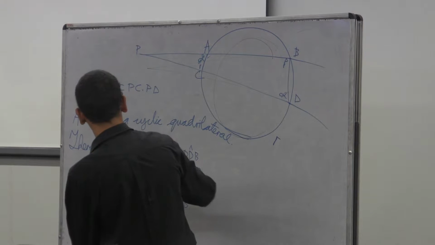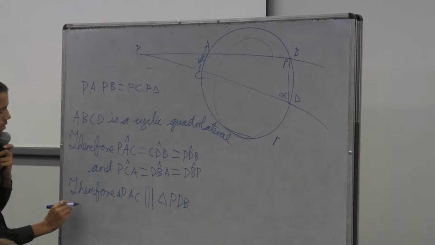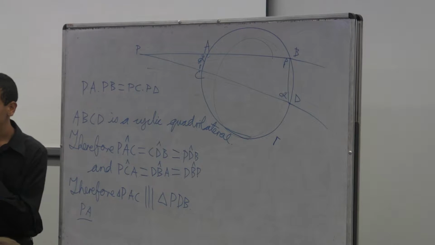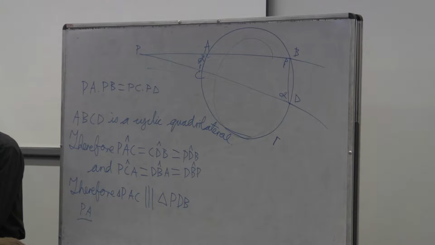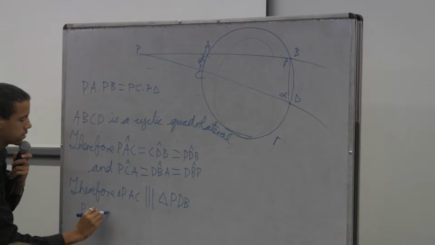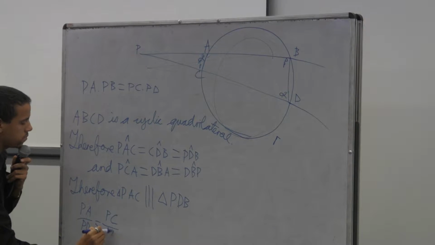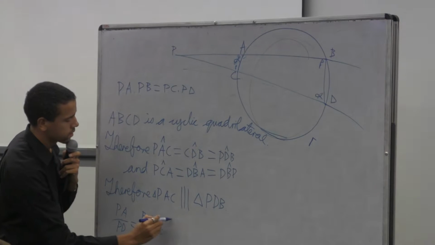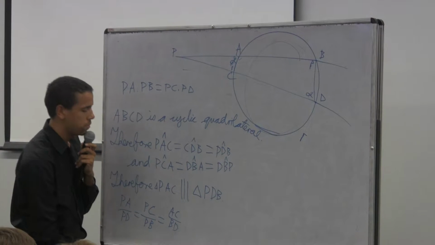Anyway, so sides are in proportion, which means PA over, what's the corresponding side from the other triangle? PD, okay. PA over PD is PC over the corresponding one, which is PB, and the third one is AC over BD.